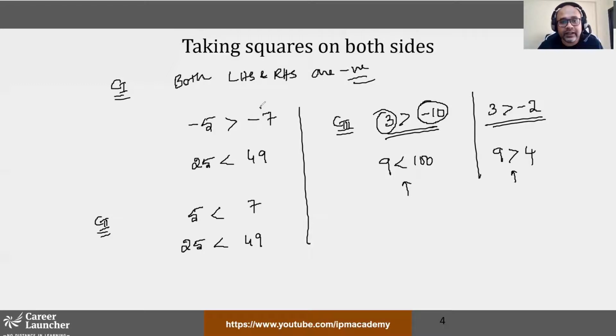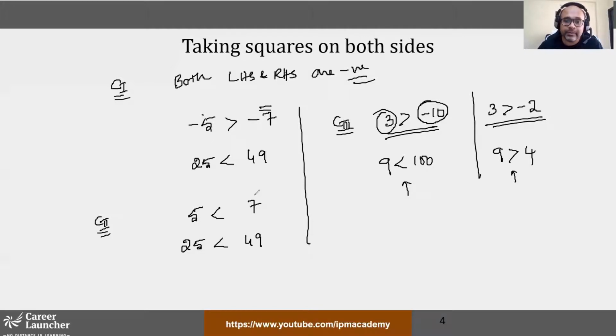In the first case, the magnitude of -7 is 7, which is greater than the magnitude of -5, which is 5. Magnitude means, for those of you who do not know, the number without the sign. So 7 is greater than 5, so ultimately 49 will be greater than 25.